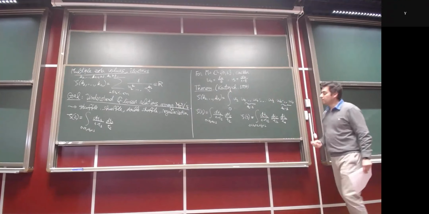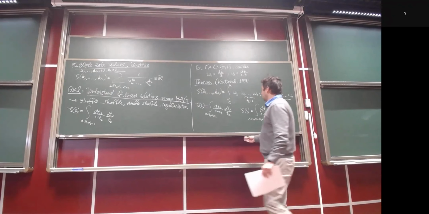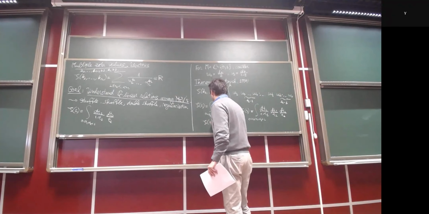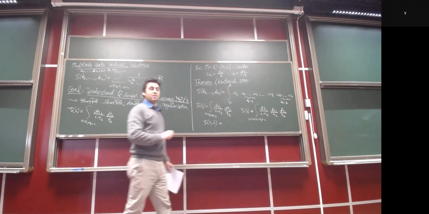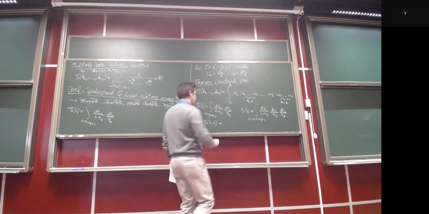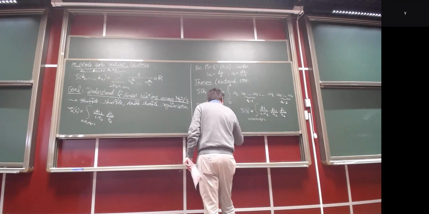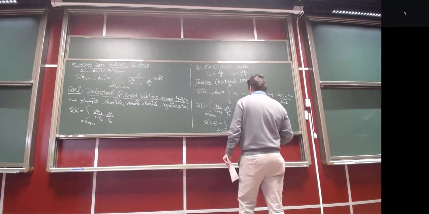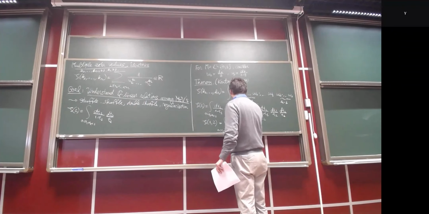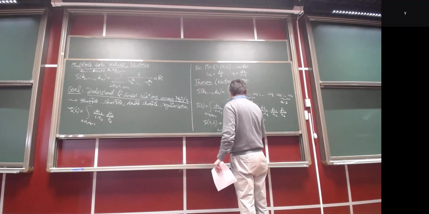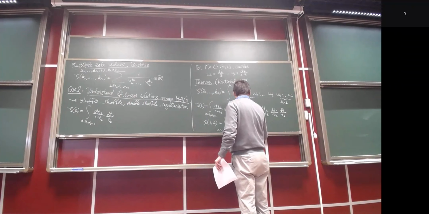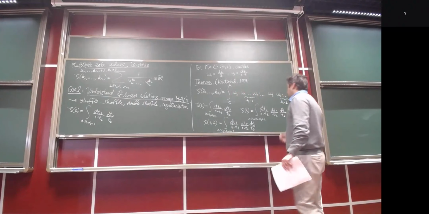But if you want to write a double zeta value, let's say zeta of 1, 1, 2, which we know, thanks to Euler, equals zeta of 3, as an iterated integral you have again weight 3: dt1 over 1 minus t1, dt2 over 1 minus t2, dt3 over t3. So you can write it in this way.